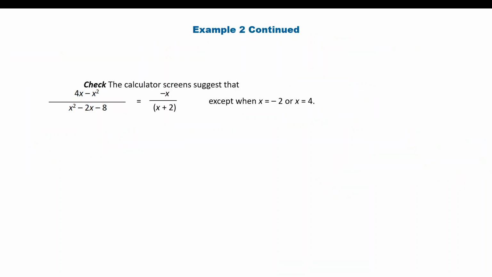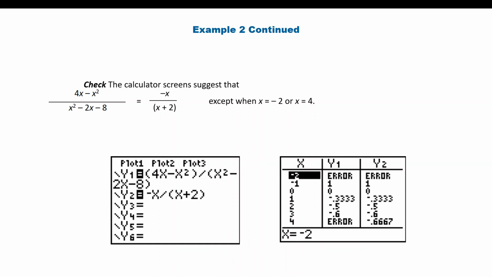All right, and once again, we can always check. I showed you before where you could just substitute in, but another way you could check is to type this into your calculator using your y. For y1, we would put in our 4x minus x squared and divide that by our denominator here.